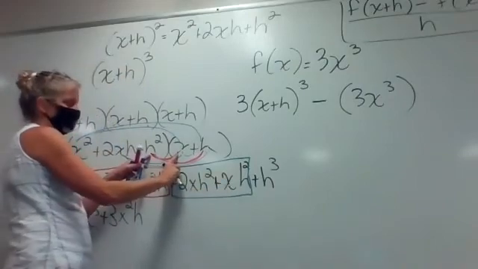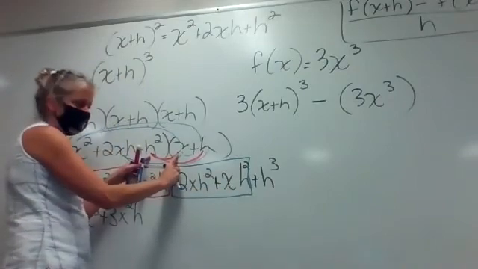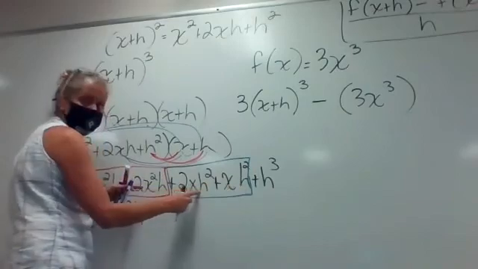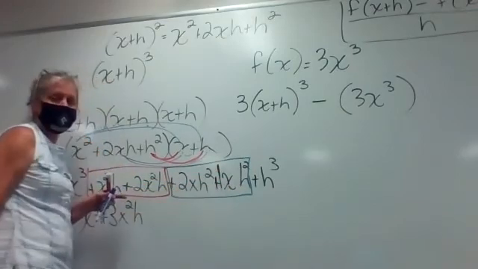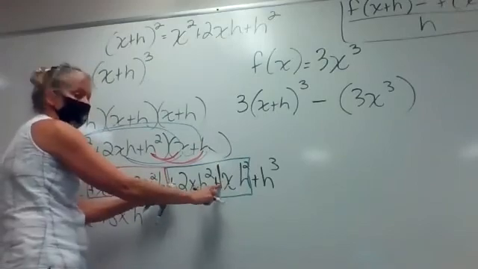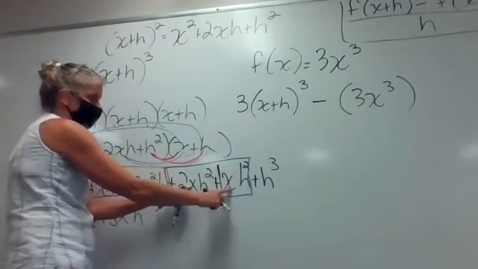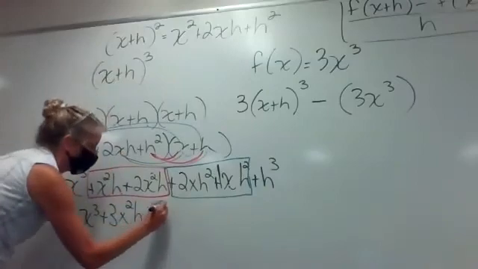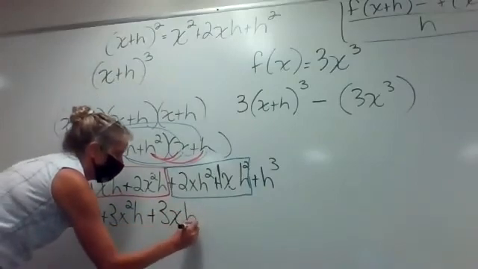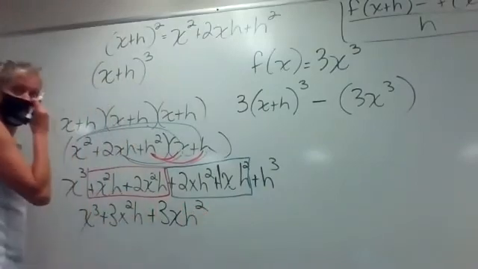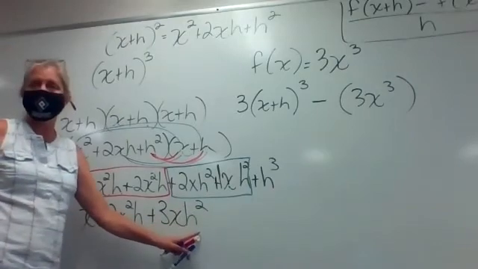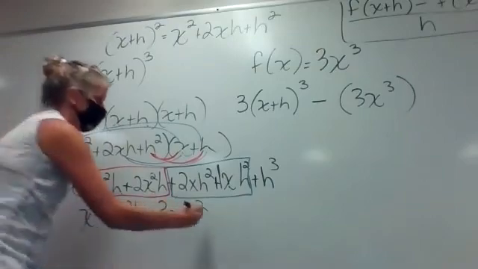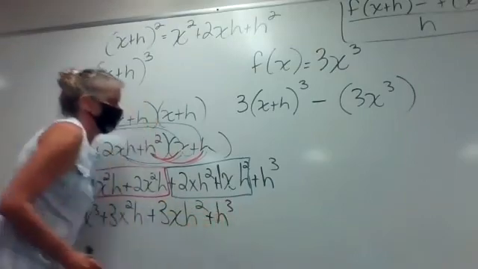So that's where my mistake was. I put the x squared instead of the h squared. But these are like terms. There's 2 here and 1 there. So you actually do have 3 x h squareds. And if you write that as h squared x, that's the same thing. It's fine. Plus h to the third.